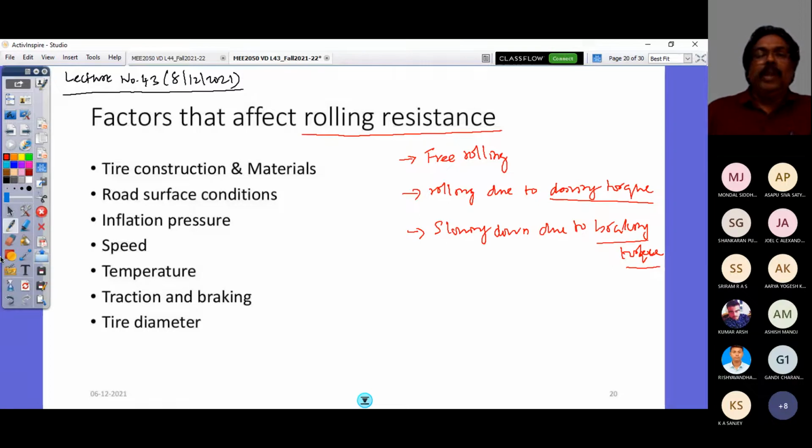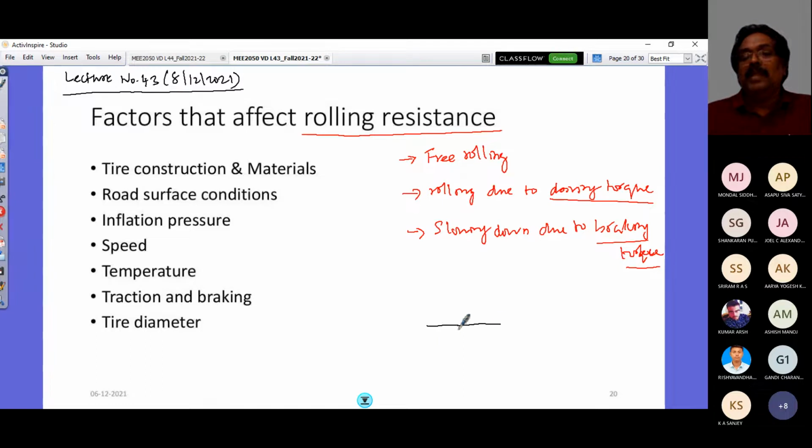During free rolling, if you look at the free body diagram of the tire, as there is a load acting on the tire and it is an inflated tire, you have a contact of the tire-wheel assembly with the road over some contact patch. This is the contact patch.